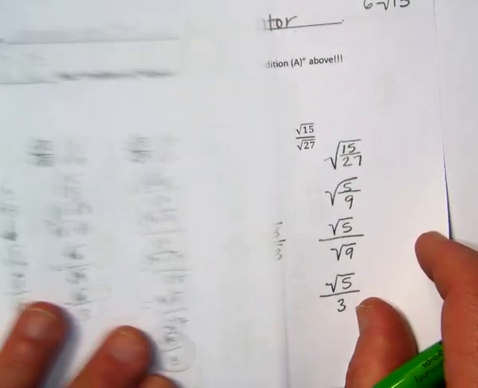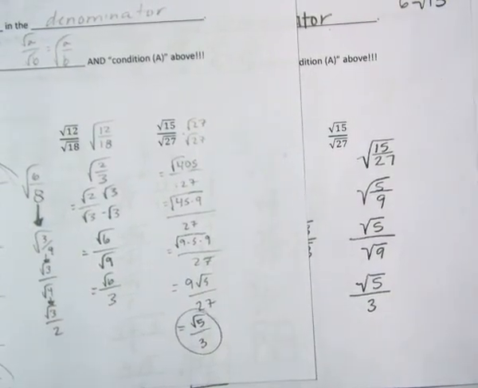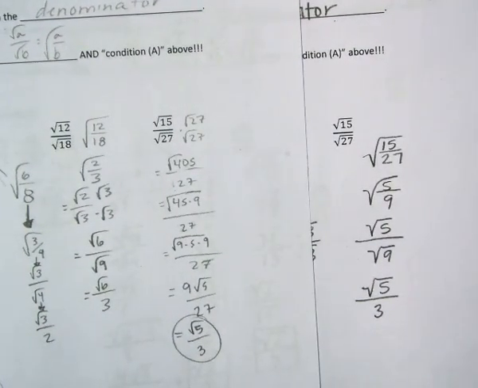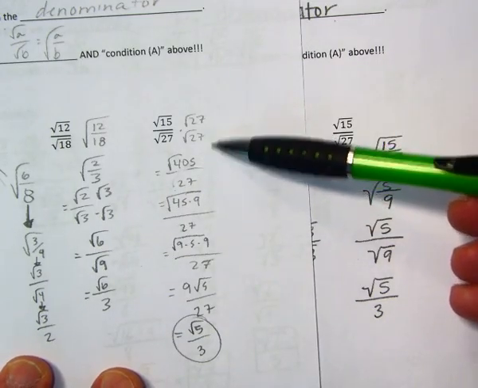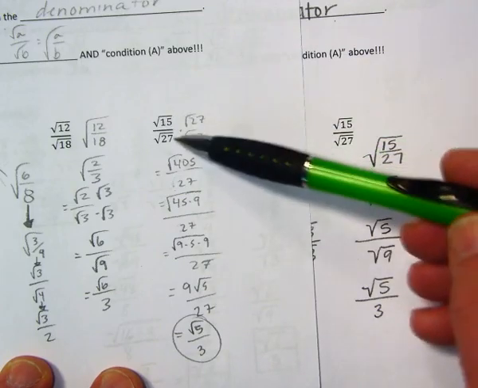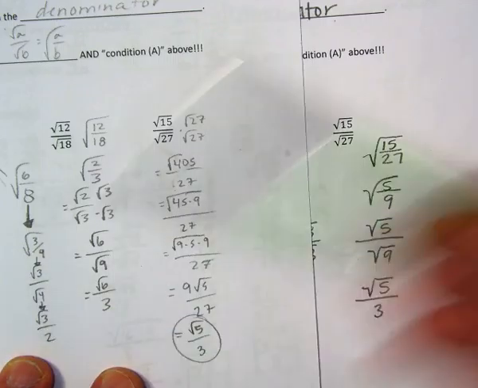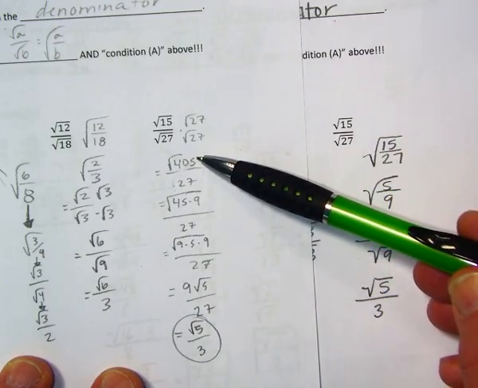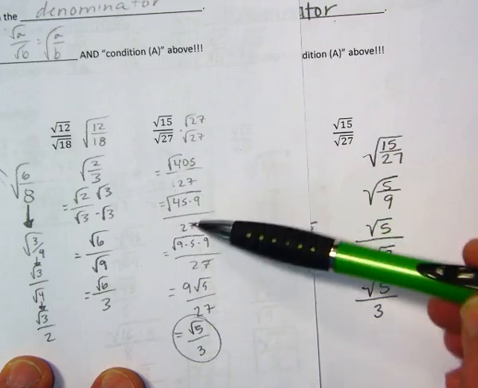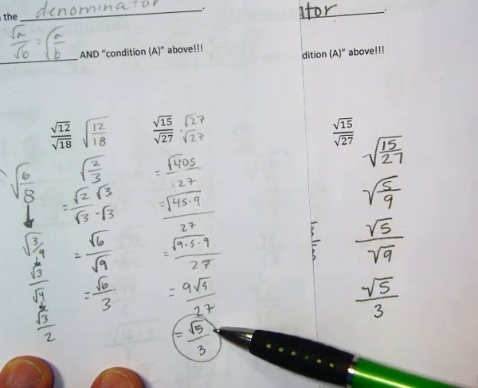If we look at these two procedures, Maggie's way here, you went ahead and multiplied, just like we did over here, the first method was multiply top and bottom by root 27. And you get some big numbers here. You get root 405 over 27 in the denominator. Then you've got to break down the 405, and you end up at 5 root 3.